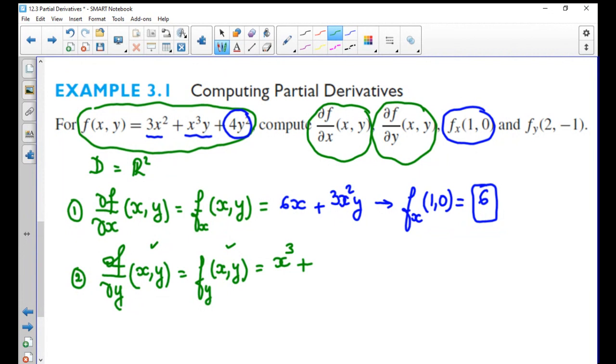The derivative of 4y squared with respect to y is basically 8y. So that means the value of this derivative at (2, -1), if we substitute, is going to be 8 minus 8, which will be 0.